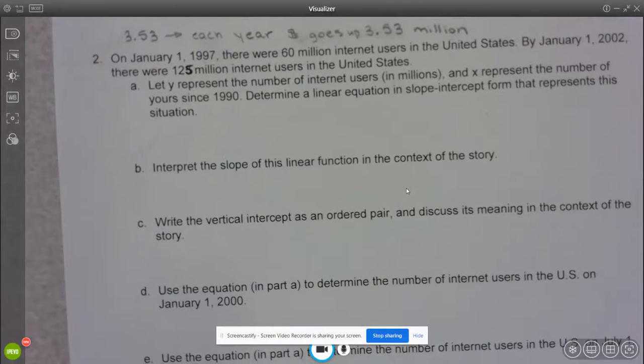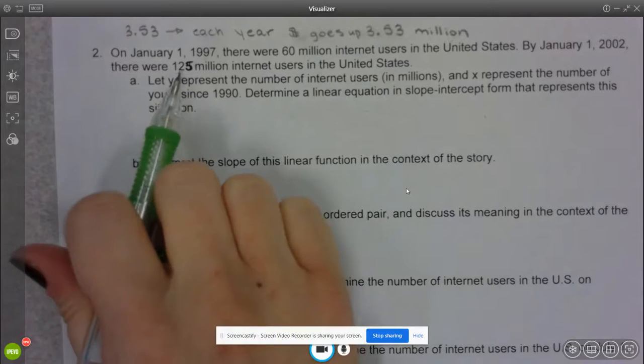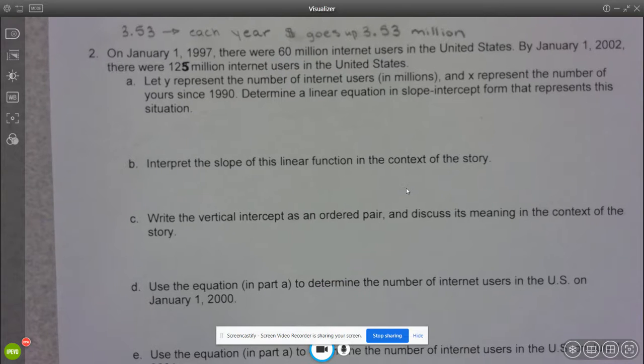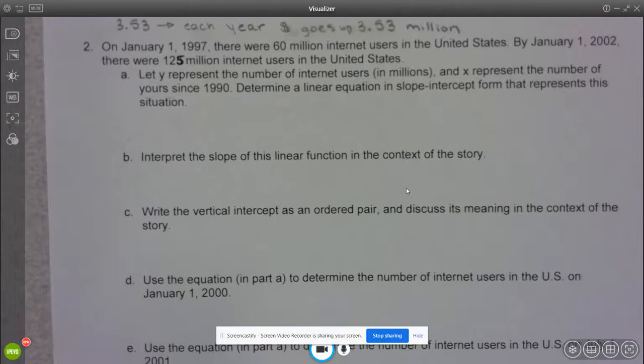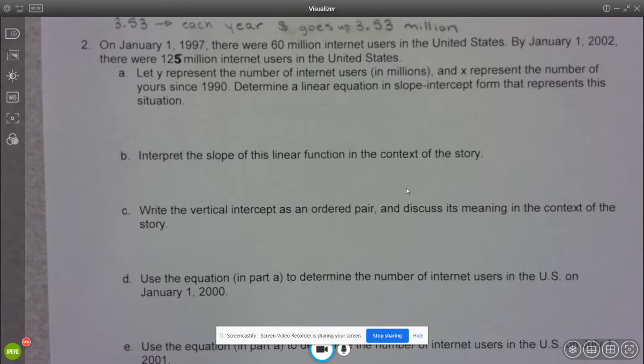All right, so we're going to go on to number 2. One thing I do want you to do is change this from 123 to 125. So in 97, there were 60 million internet users, and by January 1st, 2002, there were 125.